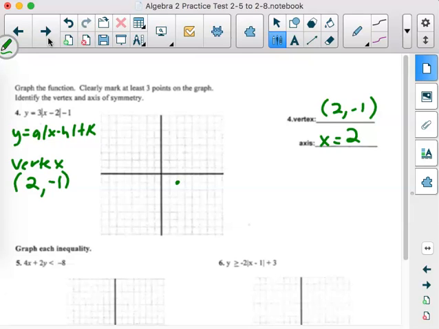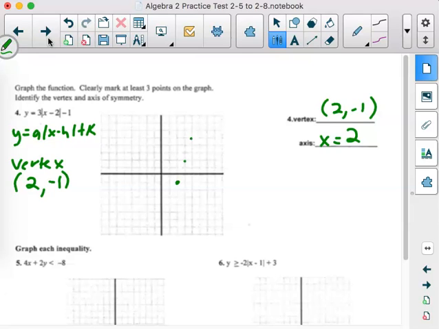I don't have a v yet. How am I going to get a v? There's a number up there we haven't used yet. What is it? 3. So that's the slope of the right side of the graph. So we go back to our vertex and we go up 3 and right 1.